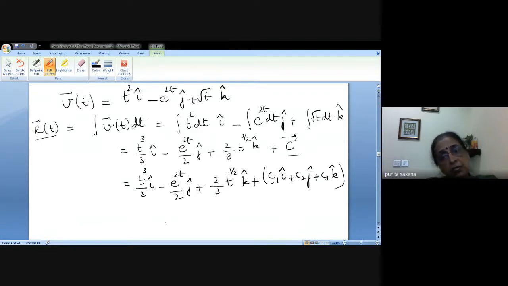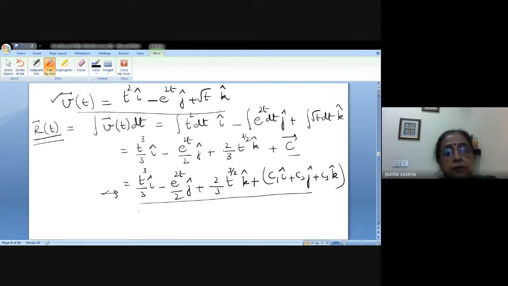It has some components, maybe some of them are zero, that is immaterial. We'll find the values. Now, this is a general displacement function. That means any particle with this as displacement vector will have this as the velocity function, because if you differentiate this function, you get this.